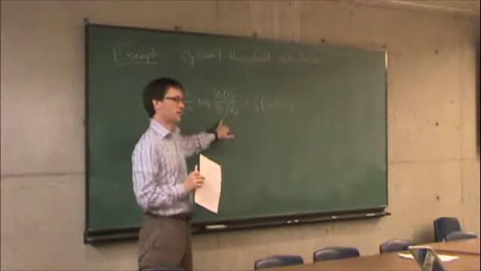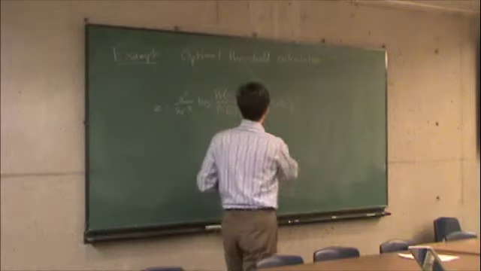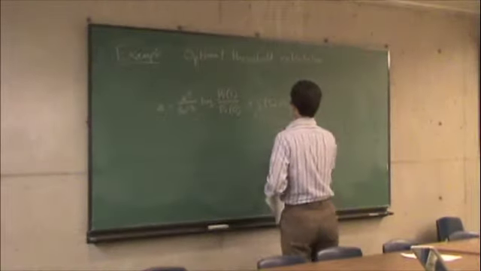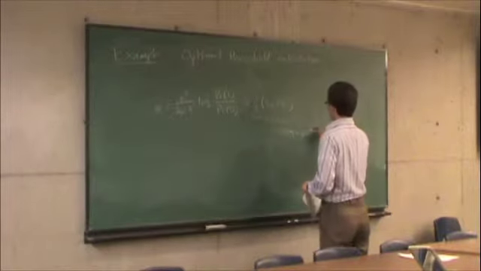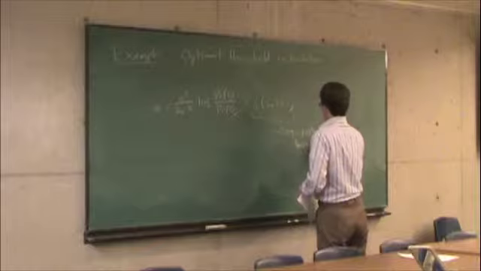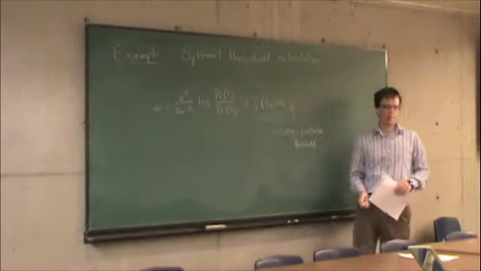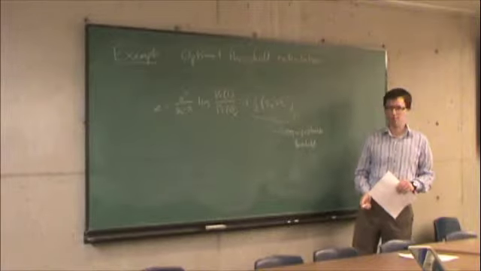Natural log of 1 is what? 0. So this term wipes out, and we end up with the equiprobable threshold, and does anybody remember the physical interpretation of that? Half. It's halfway between, that's right.